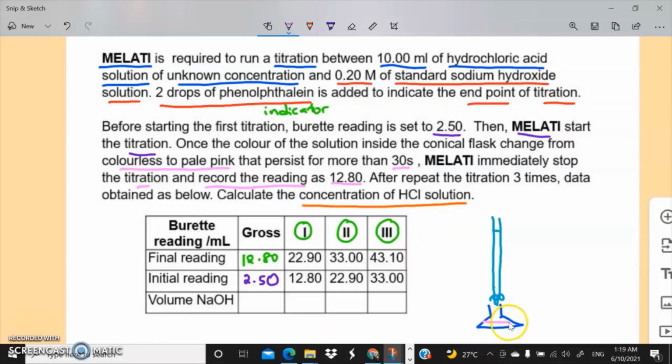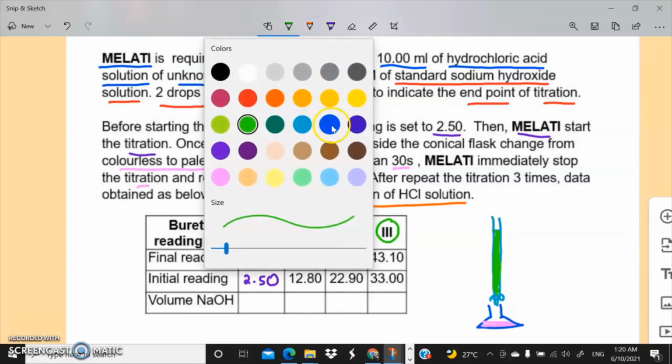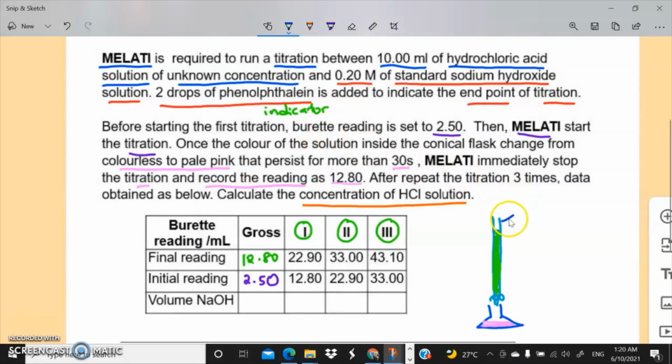Inside the conical flask, we got a solution. After that, inside the burette also, we got a solution. So this is our burette. And this is our conical flask.